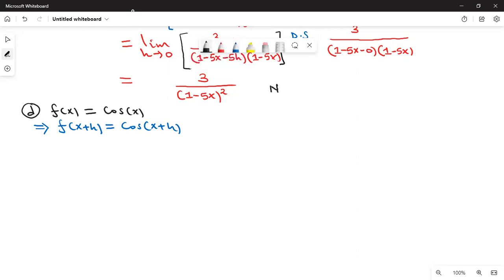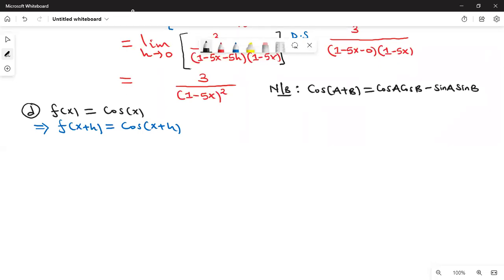Take note that when we talk of cosine of A plus B, this should be equal to cosine A times cosine B minus sine A times sine B. This is the addition formula for cosine.